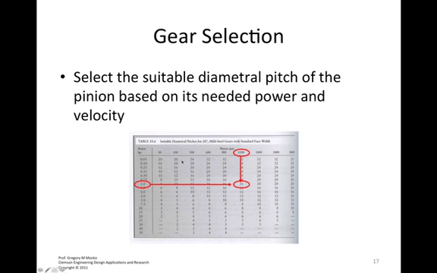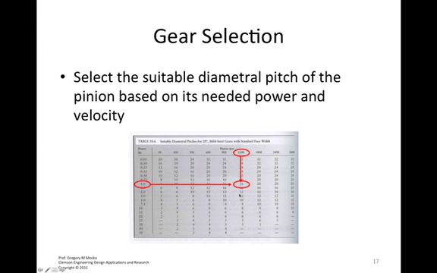Make note of this in the book as well. This is for mild steel gears with a standard face and for 20 degrees. As I said before, this may change if you're going to use a different type of gear, a non-standard type of gear, or a higher tolerance gear. The other thing to note is that I can transmit 1 horsepower at 1200 RPM.